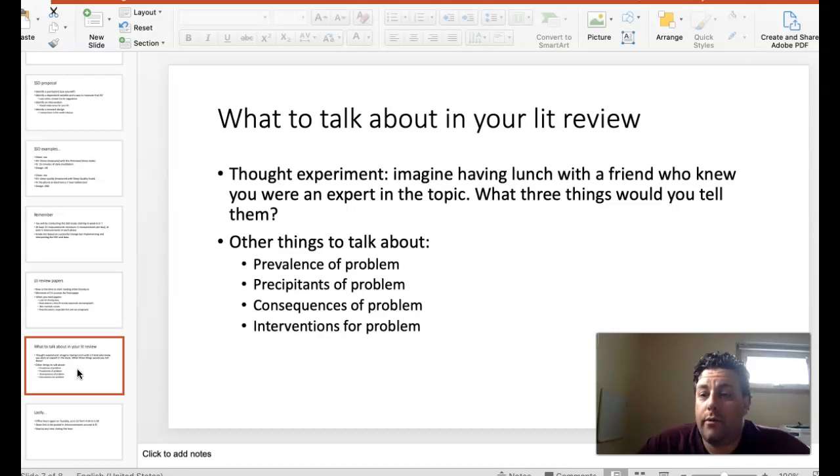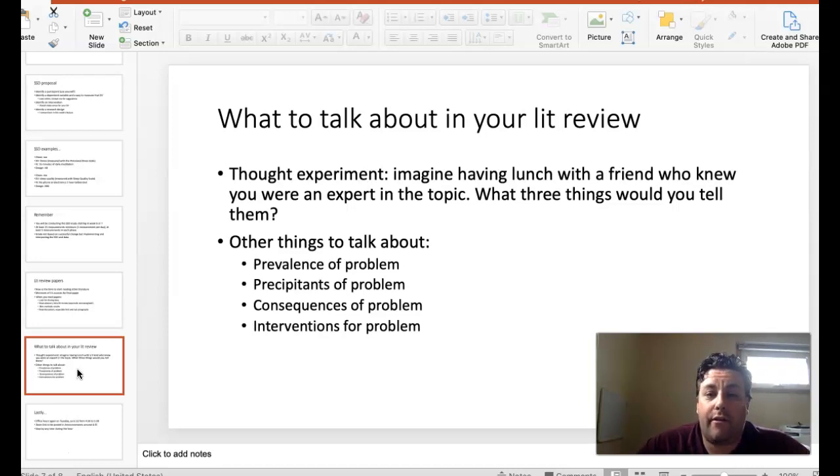Think about what three things you would tell them, and then structure your lit review around those ideas. Now, you may not ultimately stick with three things. You may go to four or five things, but that's a good way to start.